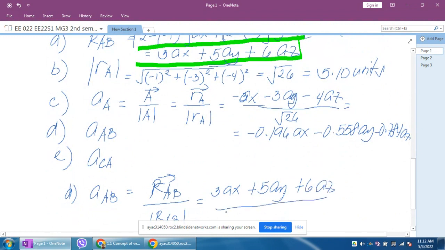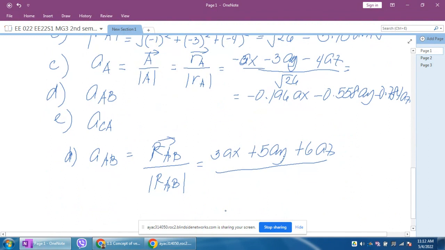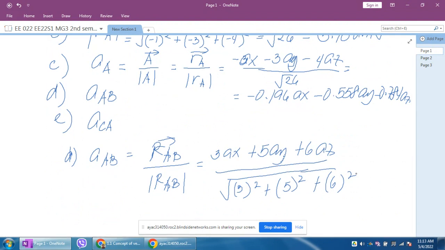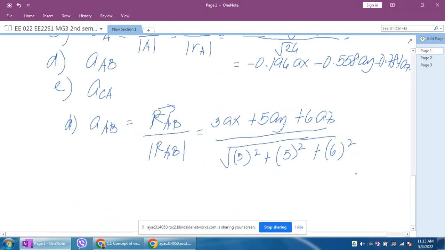Divide natin to with the magnitude. So, wala pa tayong nakuhang magnitude nito. We have the magnitude is equal to the square root of 3 square plus 5 square plus 6 square. And then we simplify this po. Okay. Tulungan niyo po akong mag-simplify. And then you can take the decimal value na po. Bigay ko na po yung decimal value. Please check po.